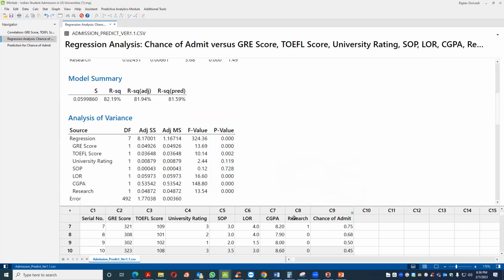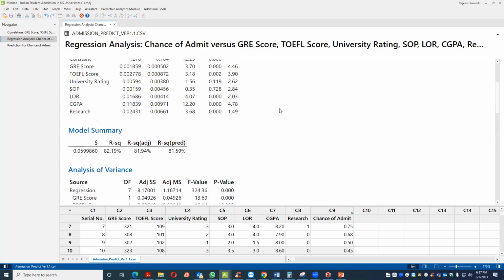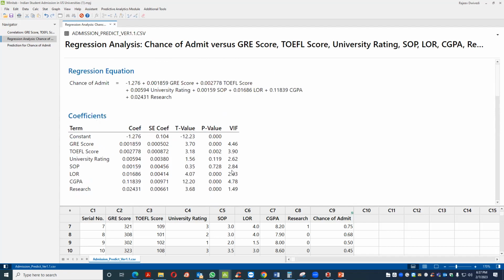Multicollinearity explains that if two variables have exactly the same behavior, there is no point in having both, because one will represent exactly the same. Since we are not doing multiple regression, only one variable, I'm not discussing it now. But when you have multiple variables, we need to consider this also.